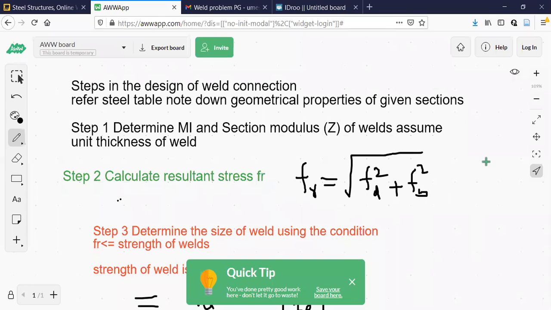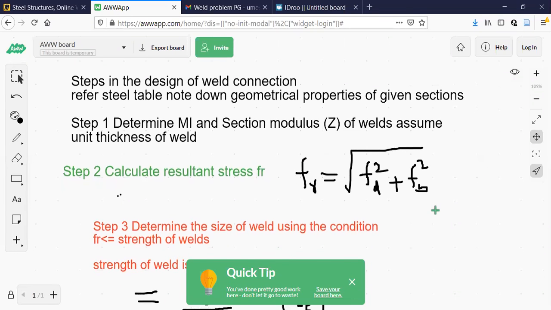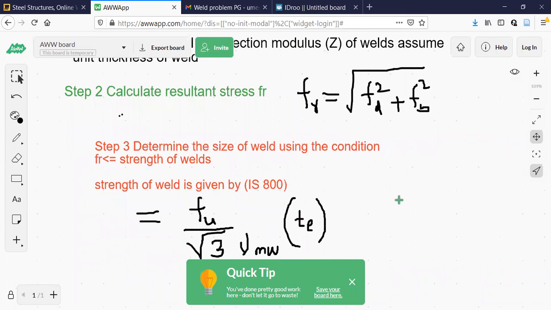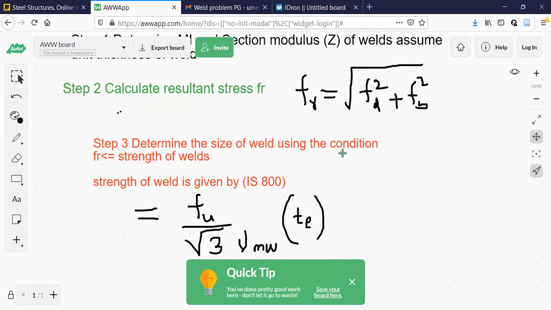Now, since both direct and bending stresses are acting here, we have to find the resultant of that. The resultant stress should not be more than the strength of the weld. That is the condition here. Determine the size of the weld using the condition on Fr: the actual stress produced in the welds should be less than the strength of the weld.